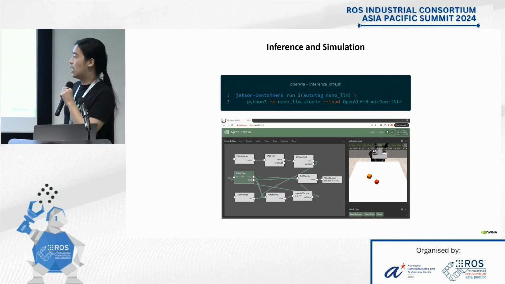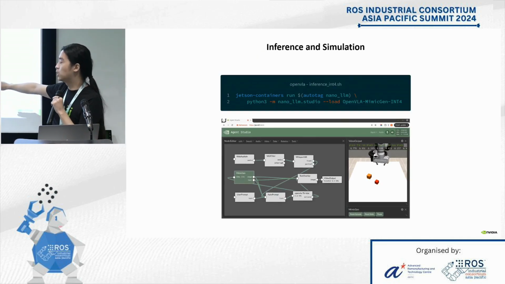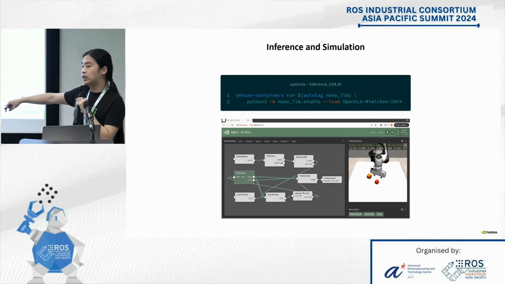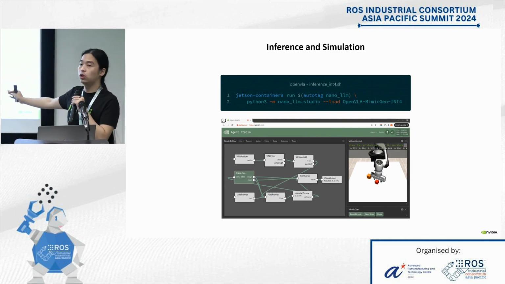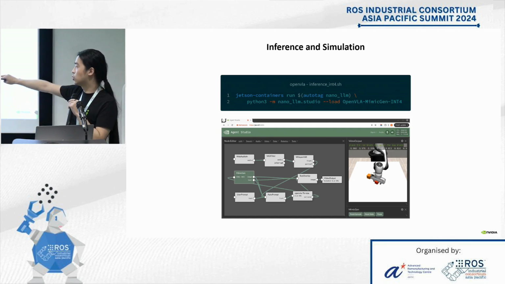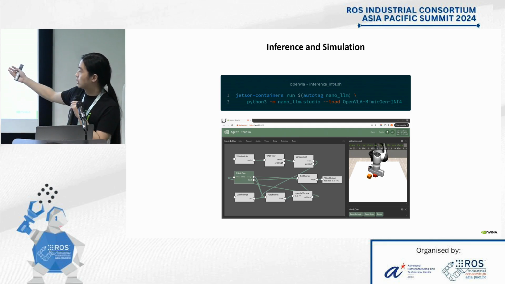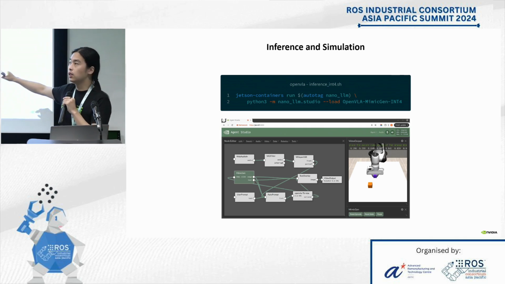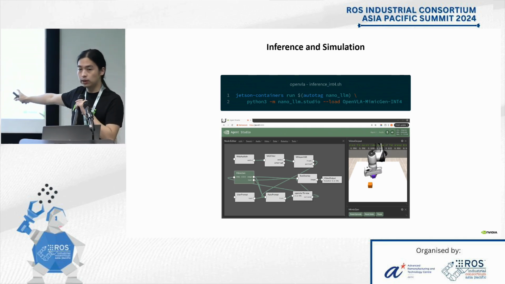With Jetson AI Lab, this model can be directly run on a Jetson Orin, Jetson AGX Orin, running in 4-bit quantization. This is also a simple simulation, MimicGen. You can see the task is cube stacking. If you pick the cube and stack it on top of the other, everything just runs on the Jetson itself. So no cloud service is needed.